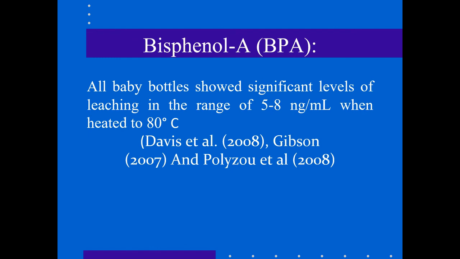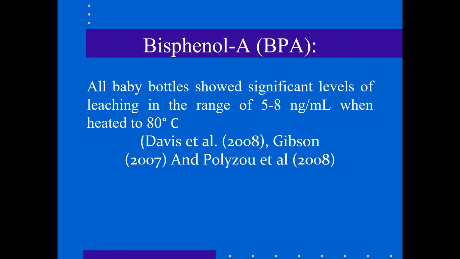So Davis et al. in 2008, and also Gibson in 2007 and also Polizu et al. in 2008 have done BPA analysis in baby bottles, and all of these baby bottles showed significant level of leaching in the range of 5 to 8 nanogram per mil when heated only up to 80 degrees Celsius.